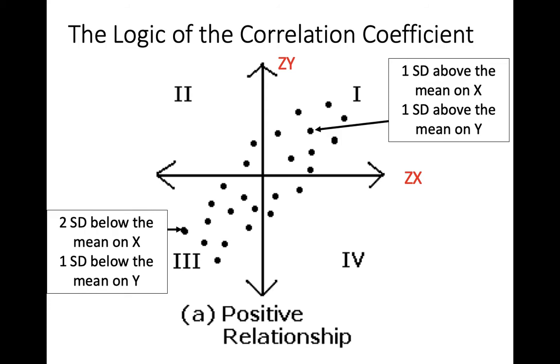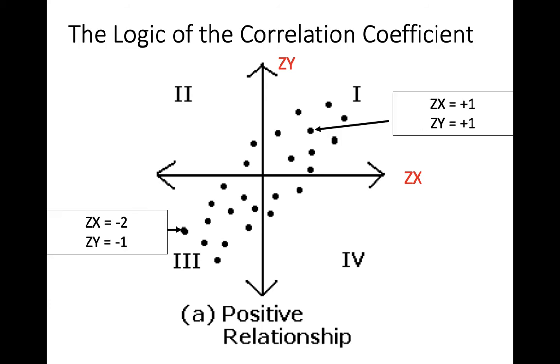Okay? So we could even say this particular dot right here deviates from the mean of X. Let's call this one SAT. Okay, so their SAT score is one standard deviation above the mean, and their GPA is also one standard deviation above the mean.